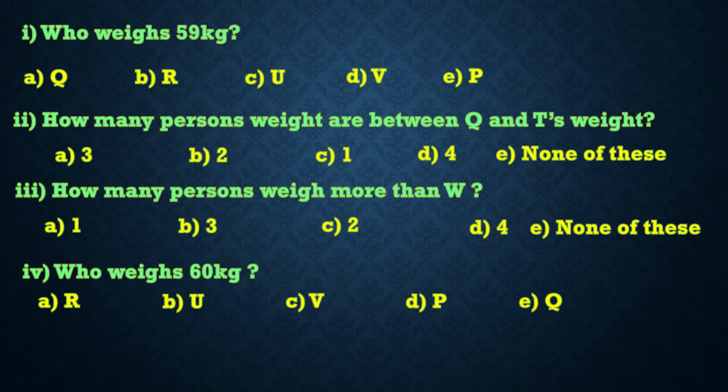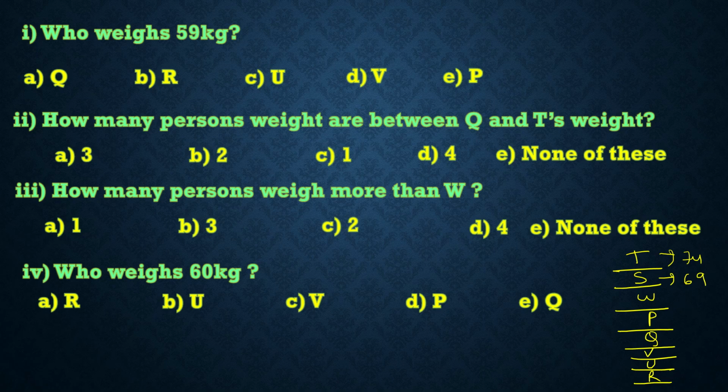What was the arrangement here? T was 74, S was 69, W was 68, P was 62 kg, Q is 60, then you have 59, then 53, and then 47.